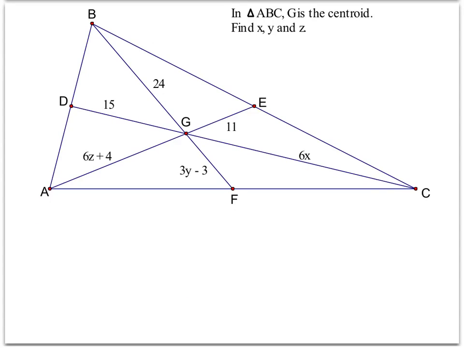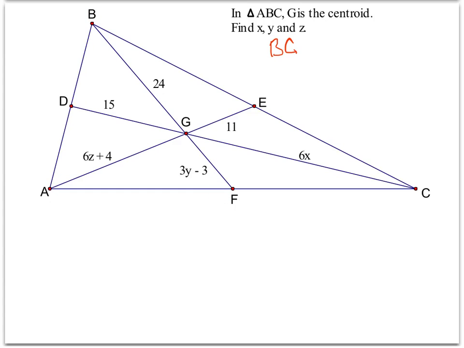For this example, we're going to start applying the theorem that was just used. And I'm going to show you two different ways to approach this. The first way is just by using the theorem itself. And let's focus on the median BF to hopefully find the value for y. So the relation we have is that BG is 2/3 of the length, so 2/3 of BF. So let's go ahead and write that down.